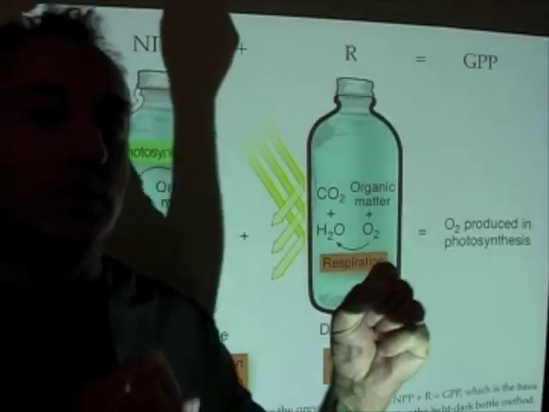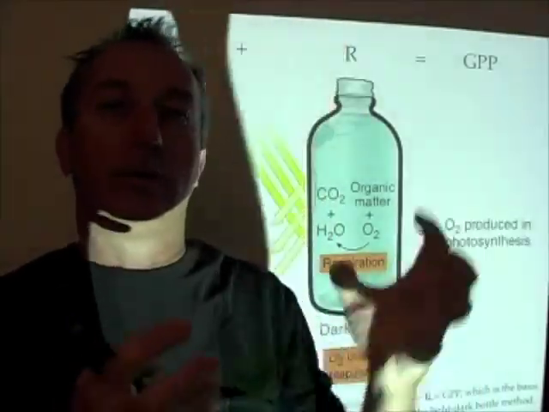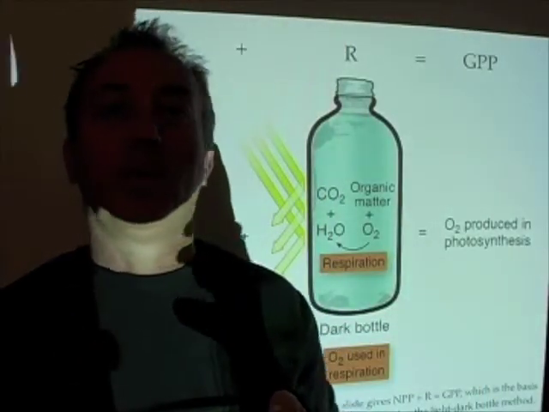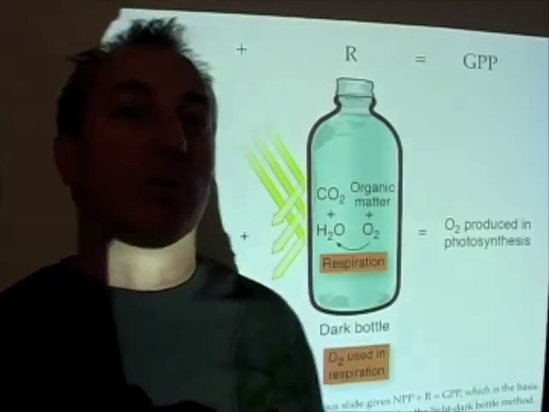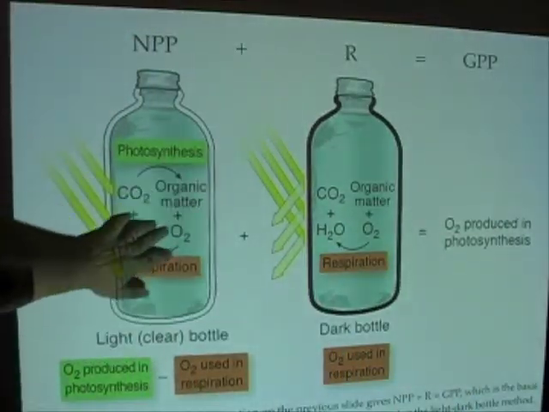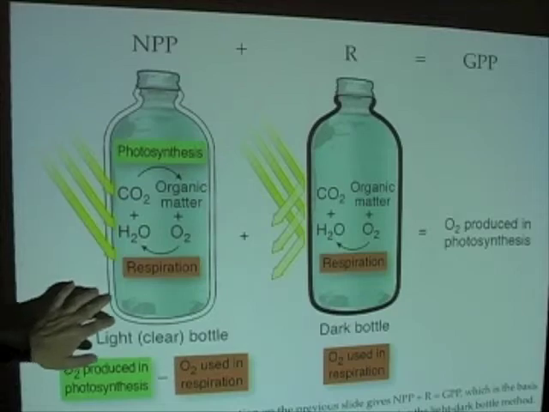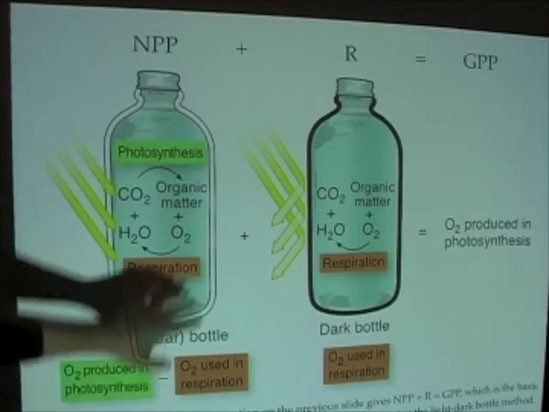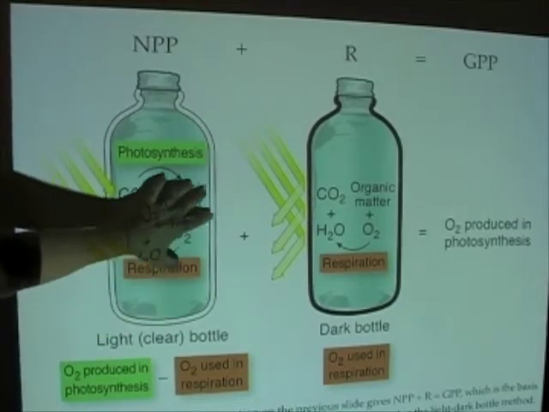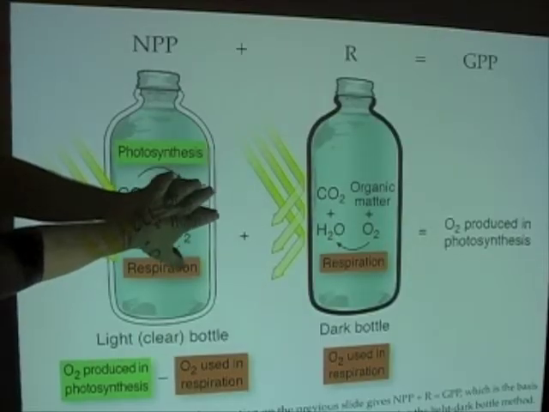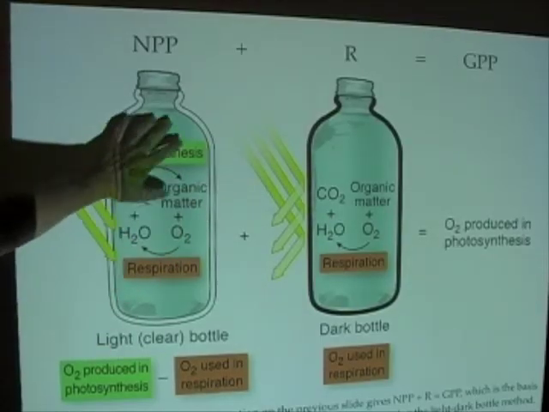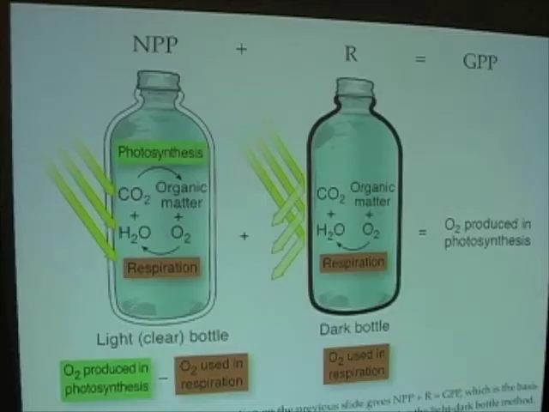The rate at which oxygen is produced has to be greater than the rate at which it's consumed. And the opposite is going to be true. If oxygen falls in this bottle, then respiration is occurring faster. The rate at which oxygen is being consumed is faster than the rate at which it's being produced by photosynthesis.